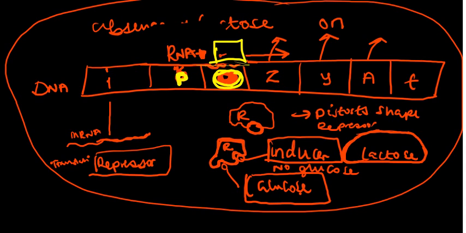So when the Lac Operon is switched on, these three genes are going to be transcribed: LAC-Z, LAC-Y, and LAC-A, in order to work on the lactose. But if the system is switched off, the three genes will not be transcribed.